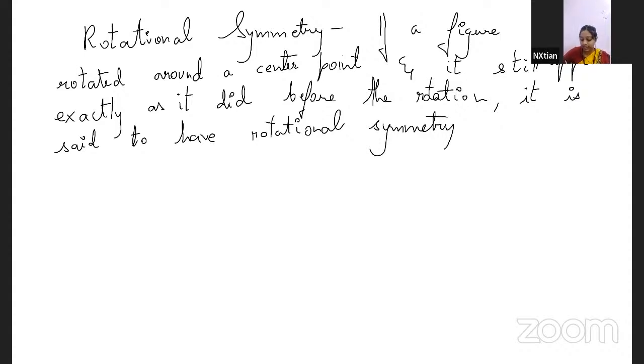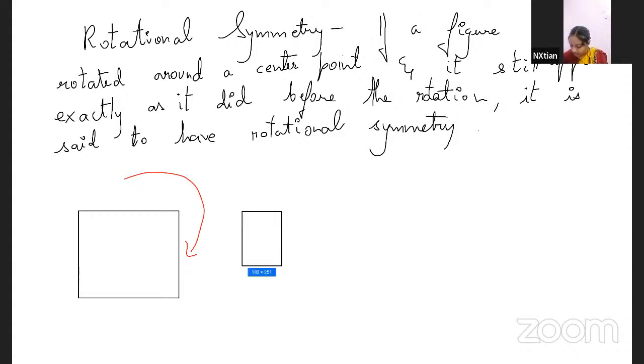Now, suppose I have a square. I rotate the square. I rotate it in this way. What happens? Again, I'll have the square.